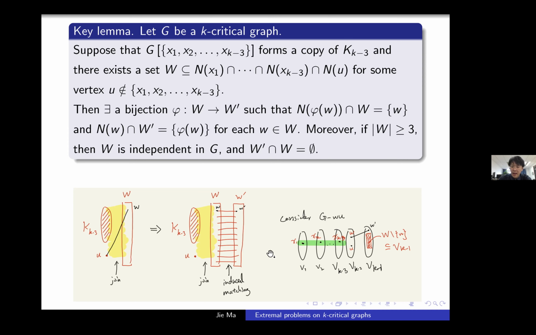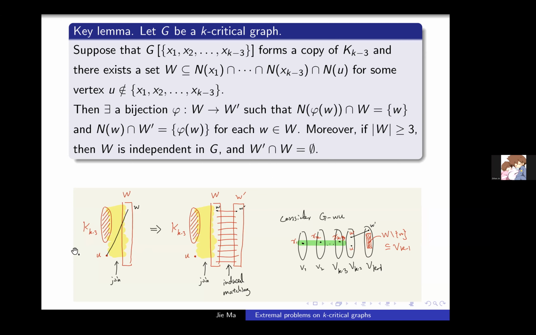Sorry, can I ask a question? Yes, please. Here you said the condition is the graph has such a copy, and also there's a set in those common neighborhoods. But why don't you just pick W to be everything? W is a subset, and in the proof this is very important. Every vertex in W should be adjacent to all of those k minus 2 vertices.